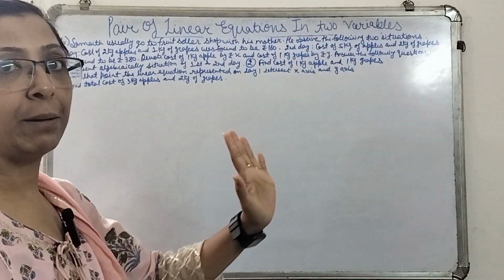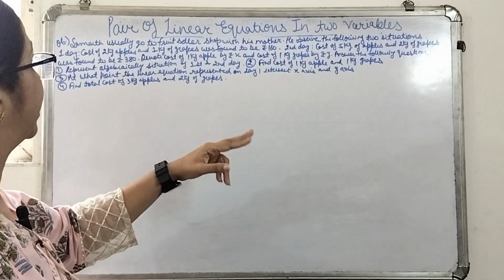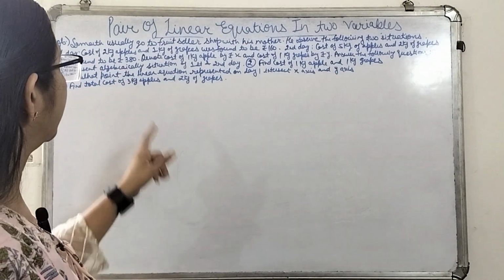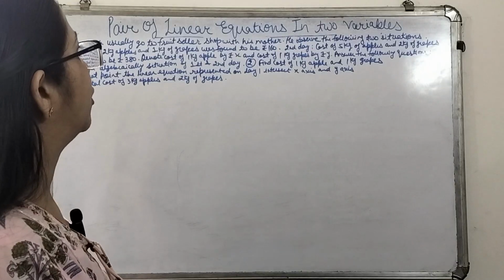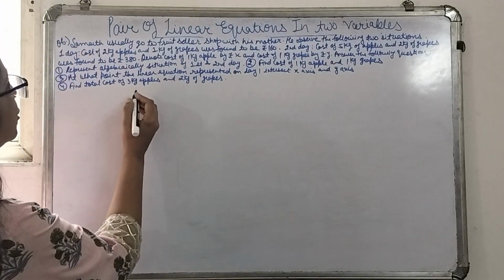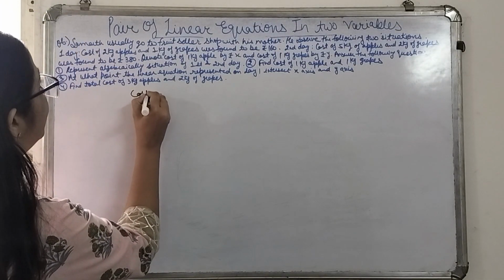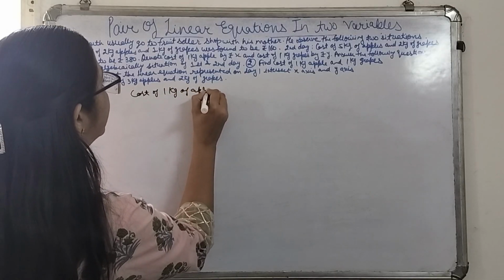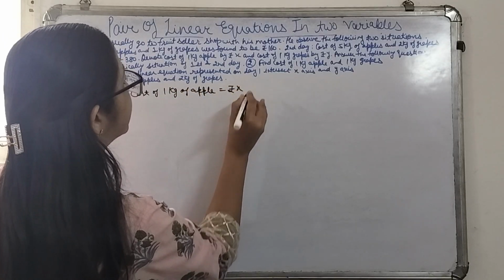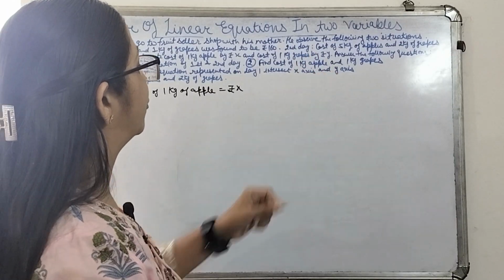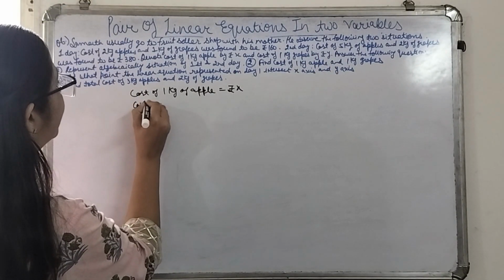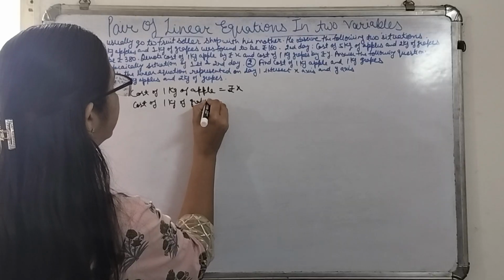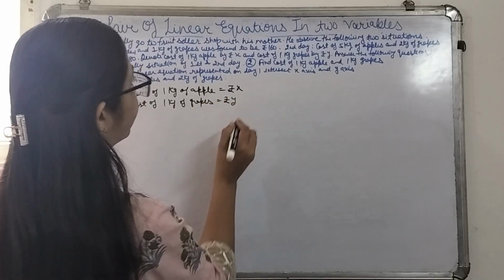Denote the cost of 1 kg of apple by rupees x, and the cost of 1 kg of grapes is rupees y.